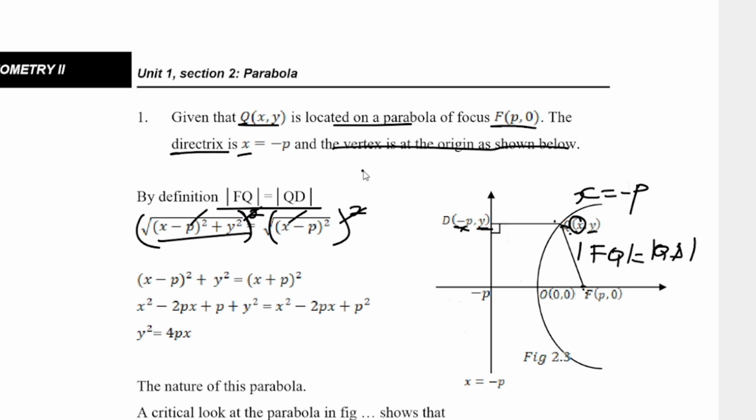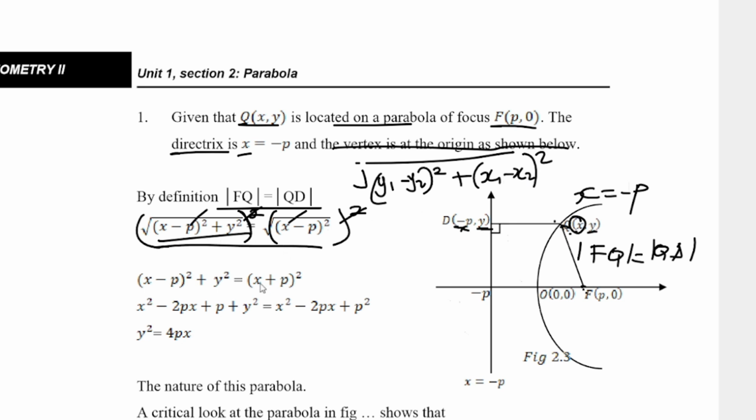In the distance formula, y1 minus y2 all squared plus x1 minus x2 all squared gives the same thing, and that's why we have these terms over here. When we square both sides, we remove the square roots, and that gives us (x minus p) squared plus y squared equals (x plus p) squared.